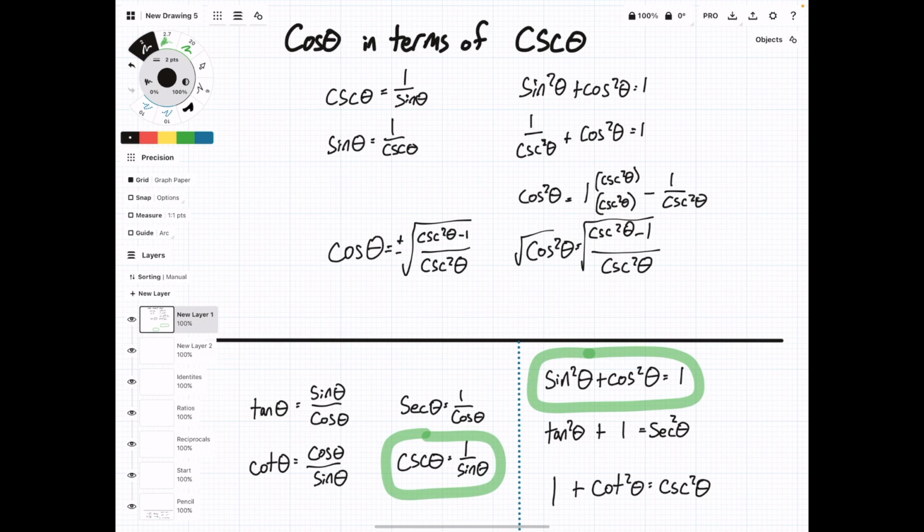You could also write this by separating the square root, so it's square root of this over square root of this, and this lets you simplify it a little bit more into plus or minus the square root of cosecant squared theta minus 1 all over cosecant theta. So that looks a little neater.